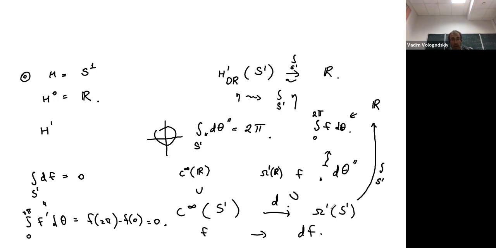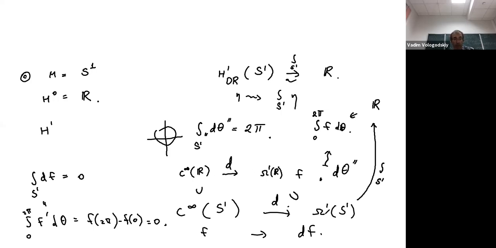Any one form on the circle can be viewed as a differential form on the real line, just because the real line maps to the circle. The circle can be identified with the quotient of the group of real numbers by integral multiples of 2 pi. So the pullback map gives you this inclusion. So this is the de Rham differential. Here it's surjective. We already know that for the real line it's surjective.